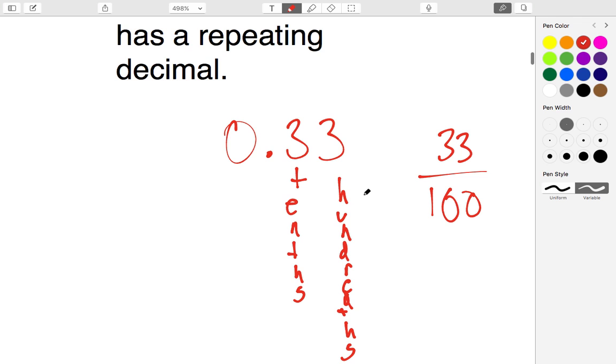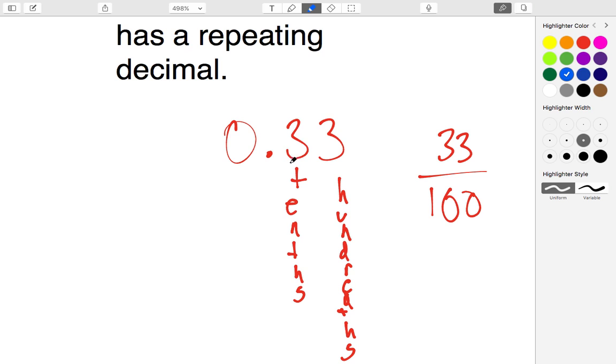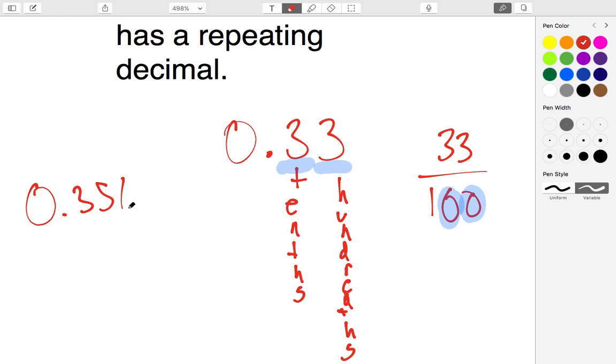The easier way to think about it is, how many digits after the decimal are there? 2. This tells me how many zeros I need. So let's say I put 3, 5, 6, 4, 7, 8, 9. Do I really want to say tenths, hundredths, thousandths, ten thousandths, hundred thousandths, or whatever it would be?